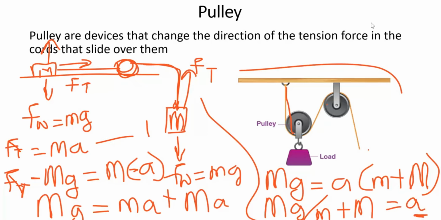That is the acceleration. So here is the acceleration of this full pulley system: big M times g over small m plus big M.